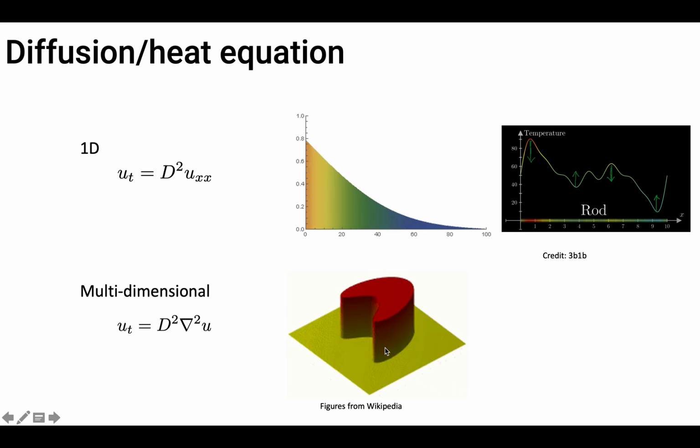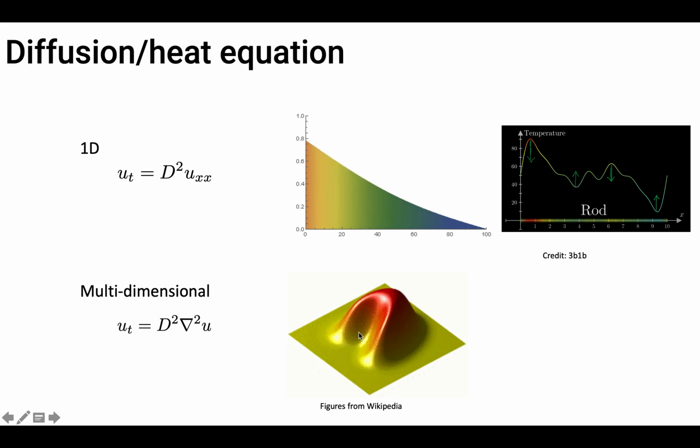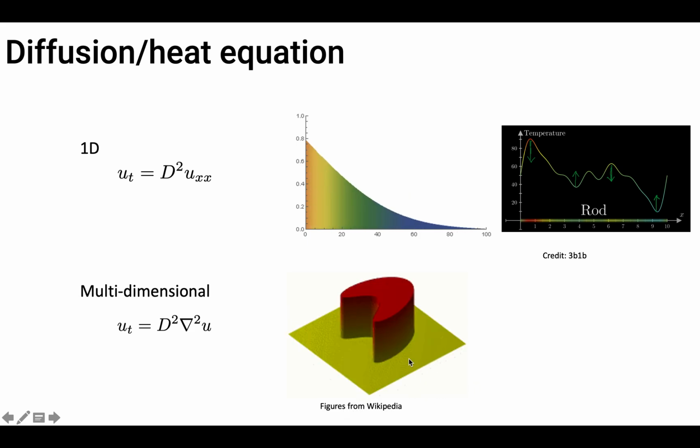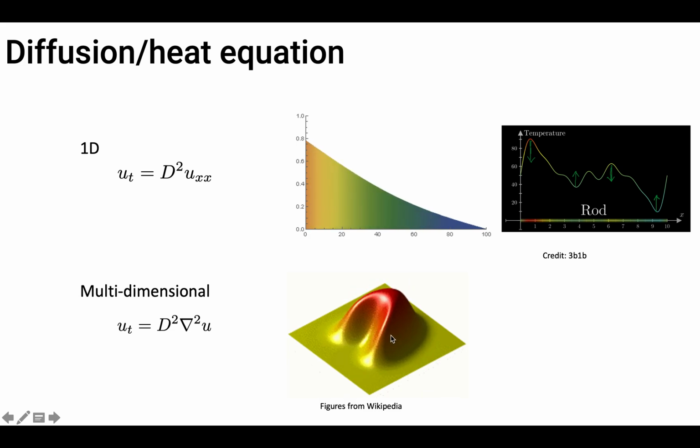So here is an animated plot of the evolution of temperature in a square metal plate, which is taken from Wikipedia. The height and the redness indicate the temperature at each point.